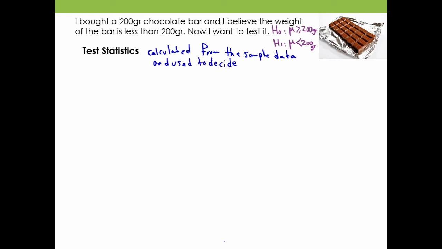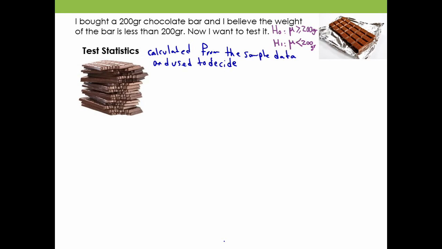What does it mean? It means that in order to reject that the mean weight is greater than or equal to 200, I go to Coles or Woolworths and buy 20 chocolate bars.